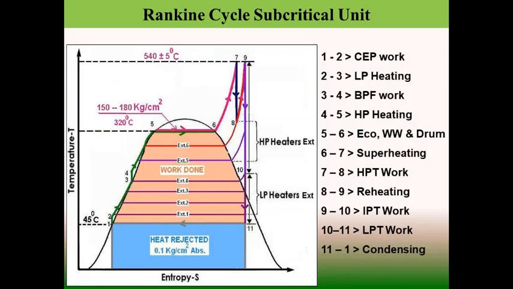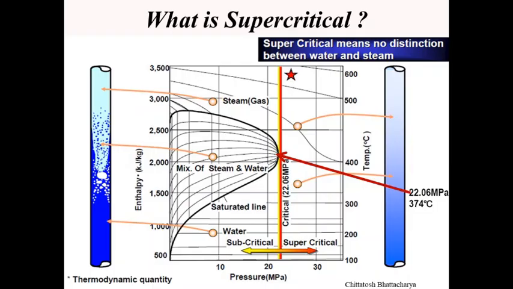So with the increase in pressure, this latent heat addition reduces, and therefore quicker steam generation is attained. At the same time, there is an increased rate of heat transfer.